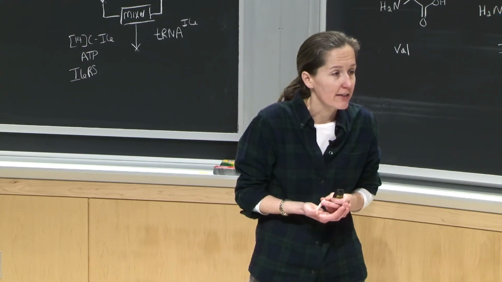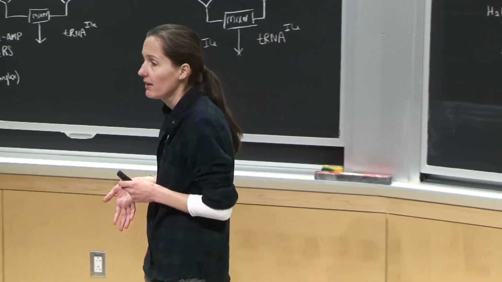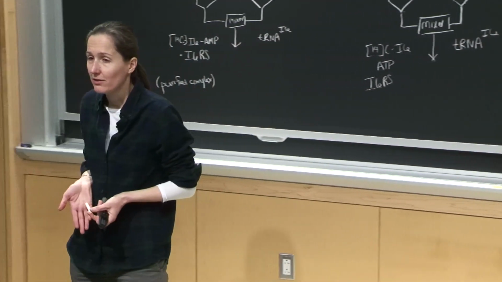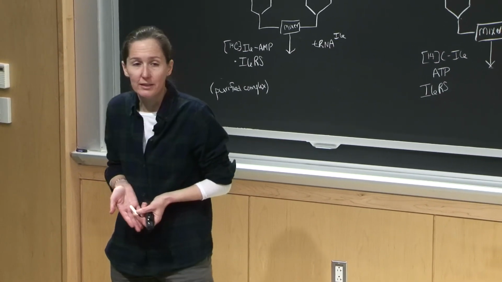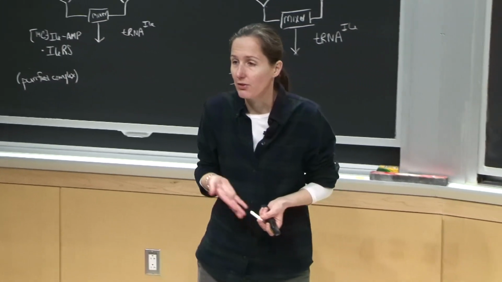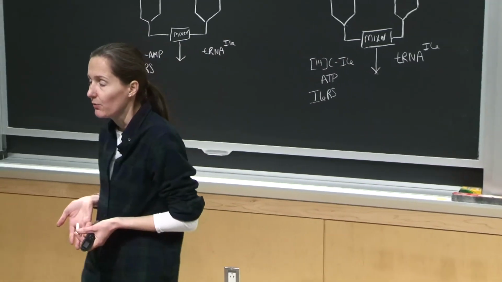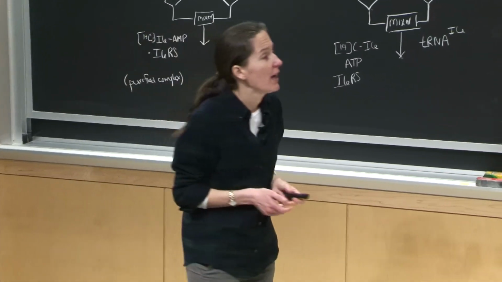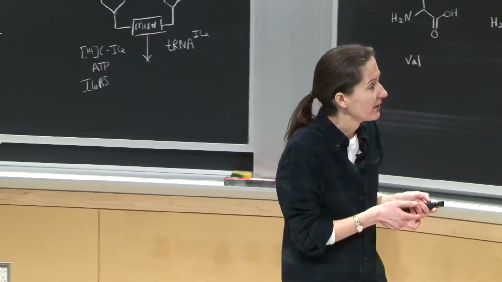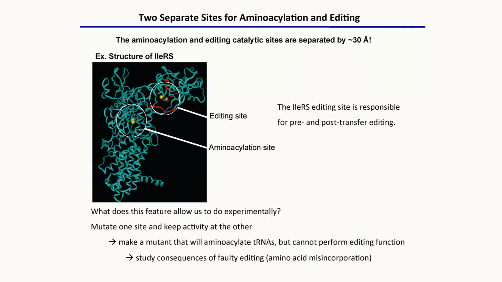So imagine if you want to ask what are consequences of having aaRS that have faulty editing function and effectively mischarge tRNAs or put the wrong amino acid on a tRNA. What does that mean for a cell? There's an opportunity to do that here. So you could imagine mutating residues that are critical for editing function in the editing site, such that you have an aaRS variant that can activate amino acids and transfer them to the tRNA, but cannot edit when a mistake happens, right?